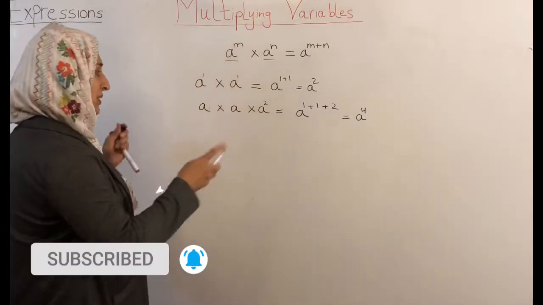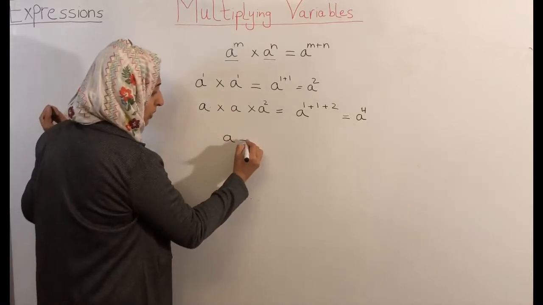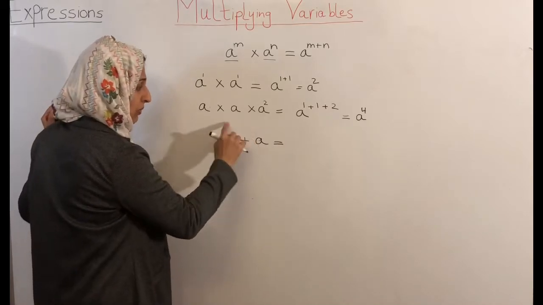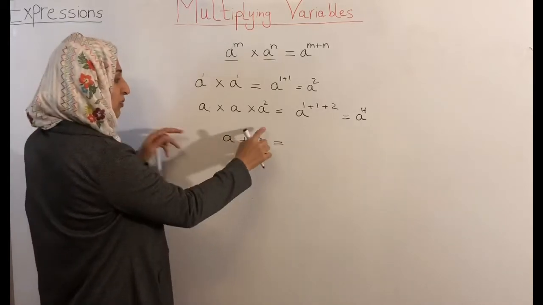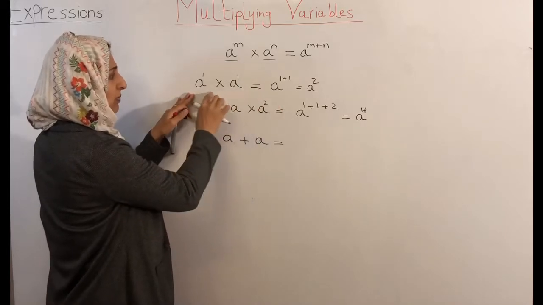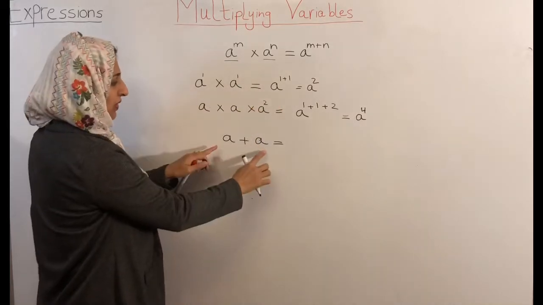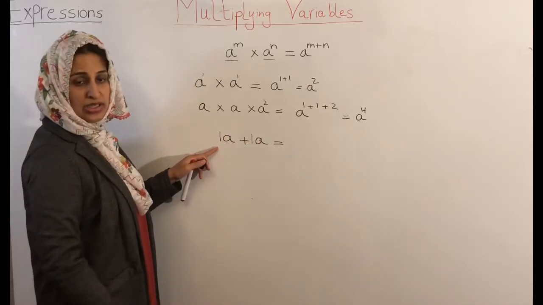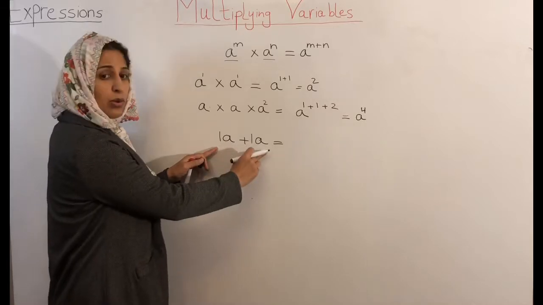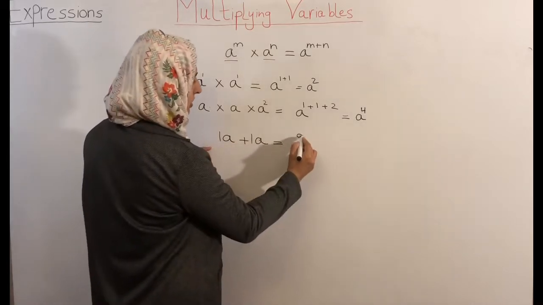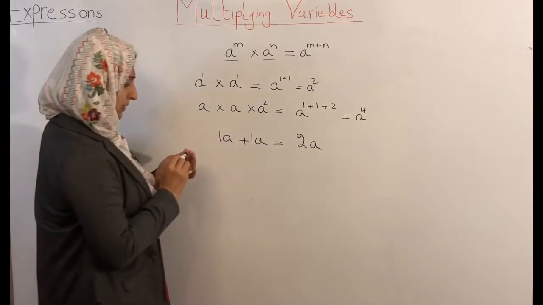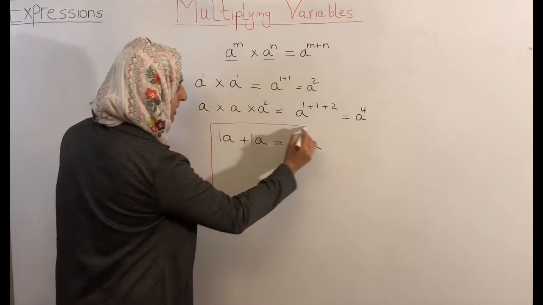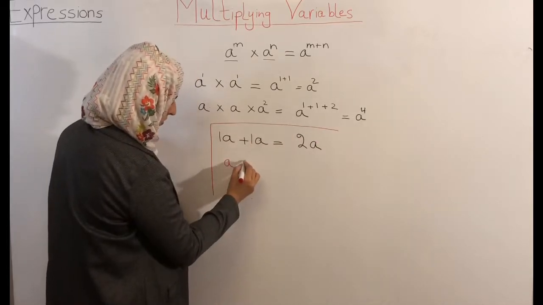In the previous section we were adding, the bases were the same, and their powers were not involved. We deal with the powers only when we multiply the variables. When we are adding the variables, we add their coefficients, the numbers in front of the variables. So 1 plus 1, 2a. I am doing this example just to explain the difference between multiplication and addition.